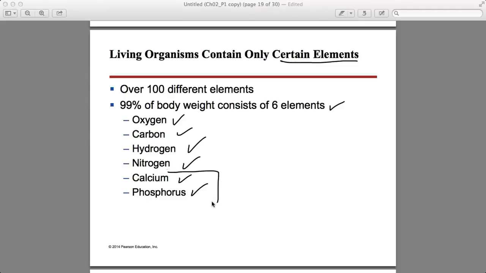In fact, these two are mostly in the form of bones and other inorganic constituents, mostly. Oxygen, carbon, hydrogen, and nitrogen make the bulk of our bodies.